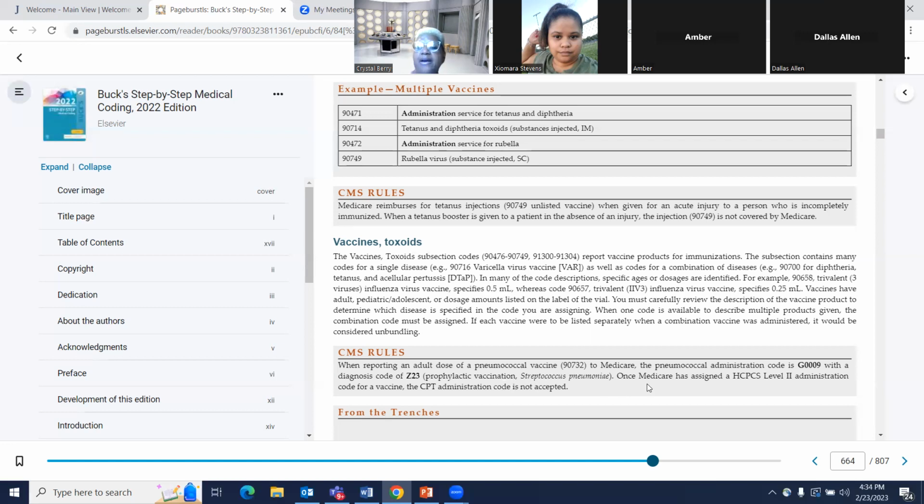Once Medicare has assigned a HCPCS level 2 administration code for a vaccine, the CPT administration code is not accepted. You would always have that in a chart. The doctor will always say what it is for, and then you would know how to code. You're not going to automatically know that. It'll be documented in the patient's chart.